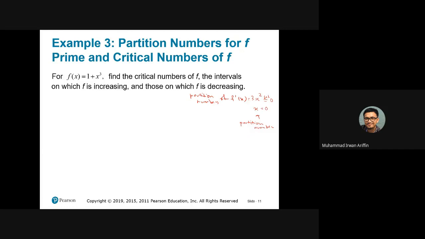Since this is the only partition number within the domain of f, it is also the critical number for the function itself. What is the meaning of this?